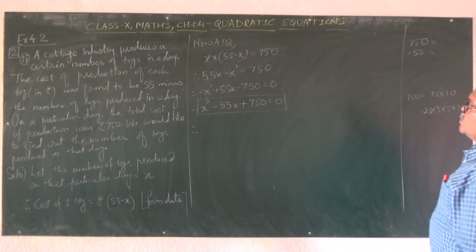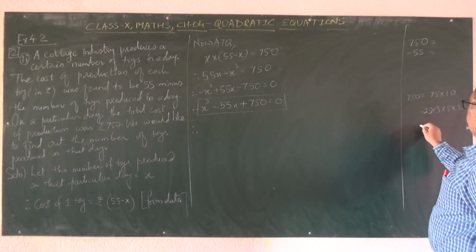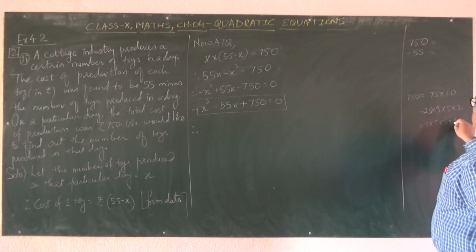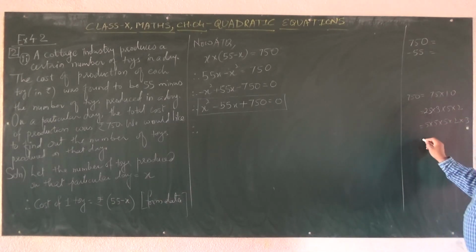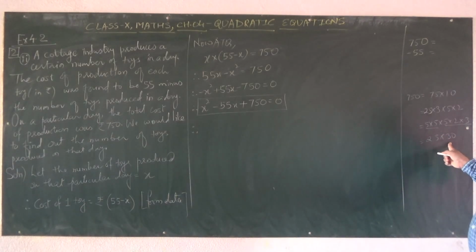Okay. सो हमें 55 चाहिए और क्या करोगे? 5 5 का 25, ये 5 साथ में नहीं गए, ये 2 और ये 3. ओके, सो 5 5 are 25, 5 2 are 10, 10 3 are 30. Yes, so we got 25 into 30. So 25 plus 30 will be 55.